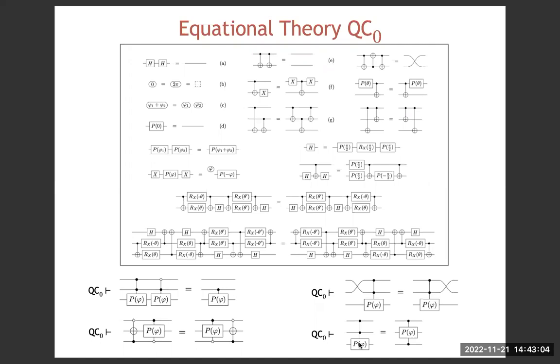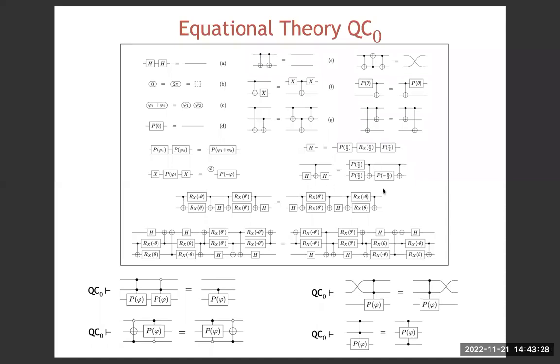So all these basic properties can be proven using this equational theory, which is called QC0, which is made of a few equations on quantum circuits, and which is enough to prove the basic properties on control gates.